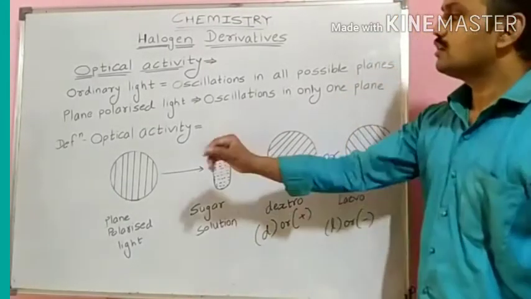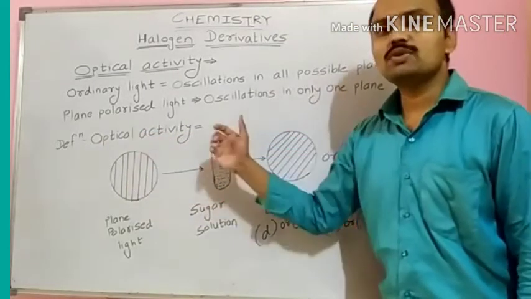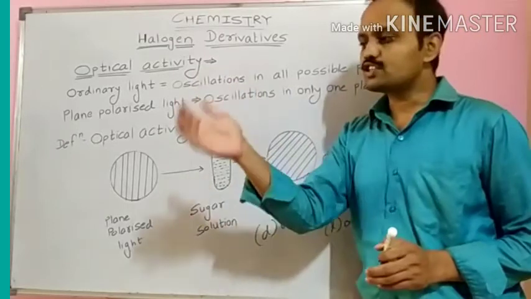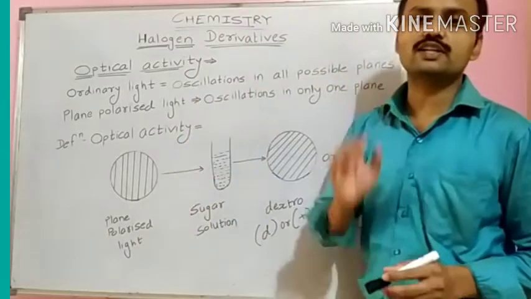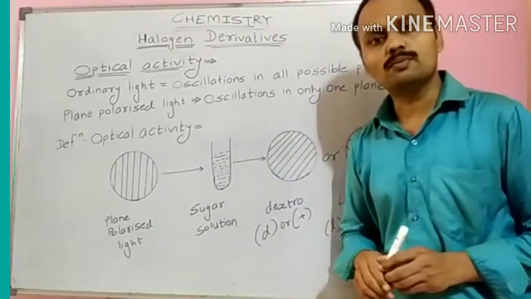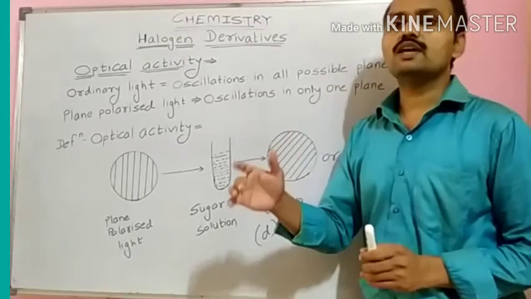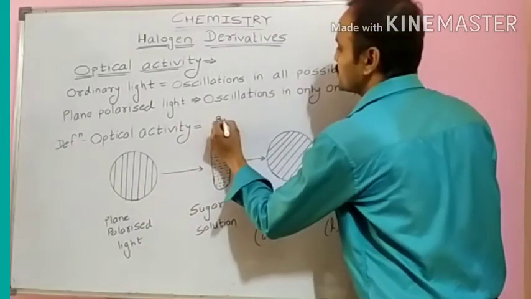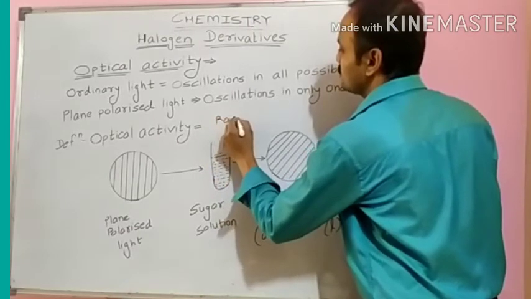An equimolar mixture of enantiomers, that is the dextrorotatory and levorotatory substances of the compound, is called a racemic mixture. Students, racemic mixture is a new term for us.